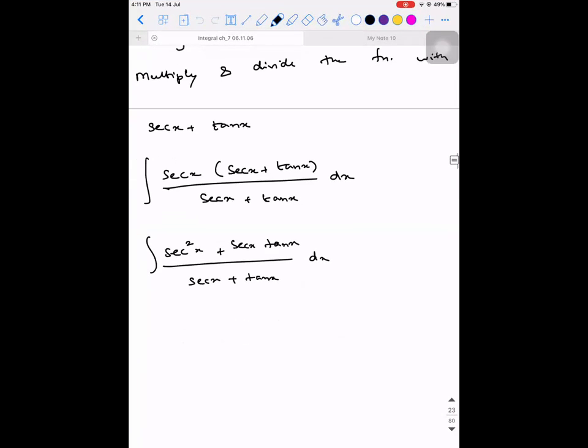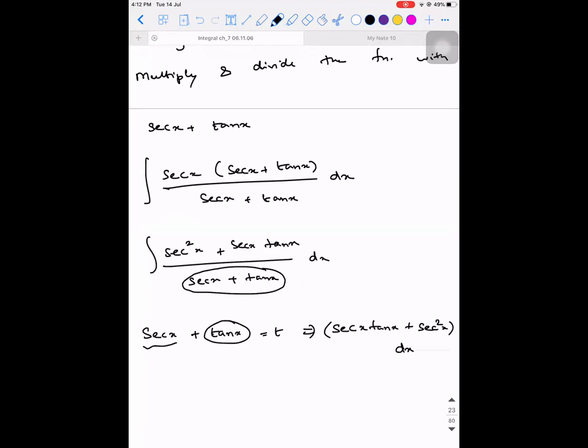Right? Now observe, again the main process of integration is to eliminate the denominator. If I substitute the denominator as t, then what do I get the numerator as? The derivative of secant x is secant x tan x, and the derivative of tan x is secant square x, with the chain rule, dx is equal to dt.